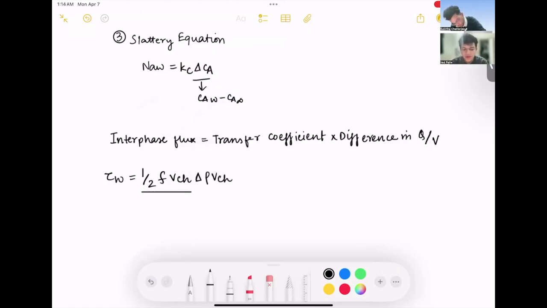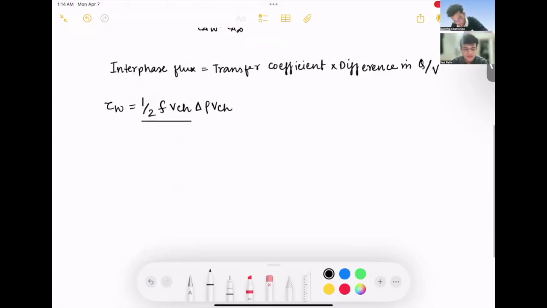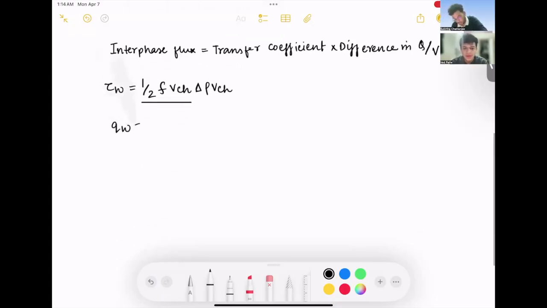The second equation can be modified as QW equals h upon rho Cp multiplied by rho Cp t. And the third equation can be modified as NAW equals Kc into delta Ca.